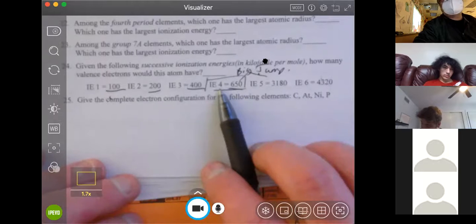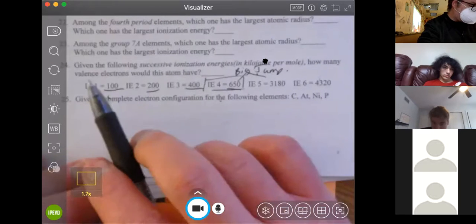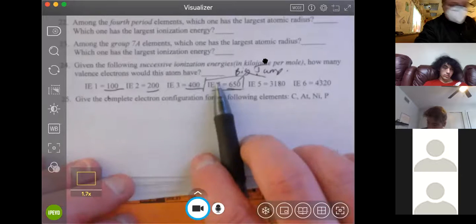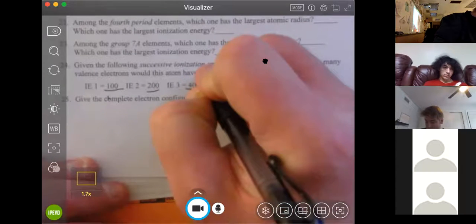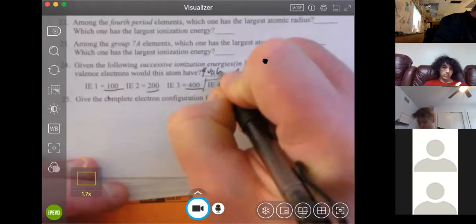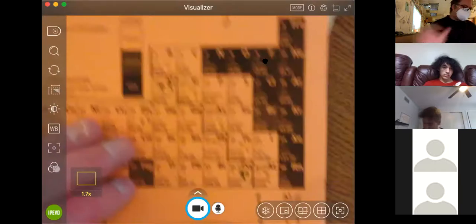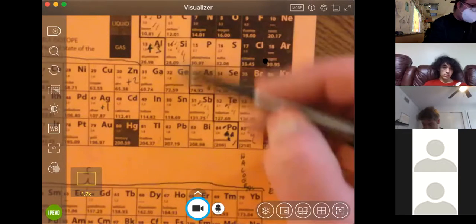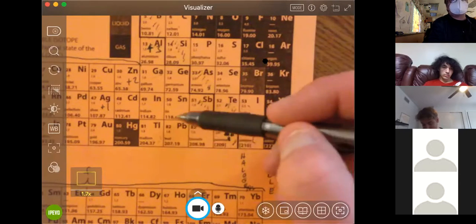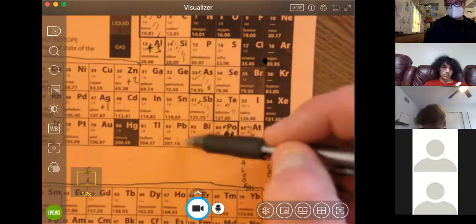That's the last of their low ionization energies. So what that tells you is that this has 1, 2, 3, 4 valence electrons. That element is somewhere probably in group 4A, probably either tin or lead, right?